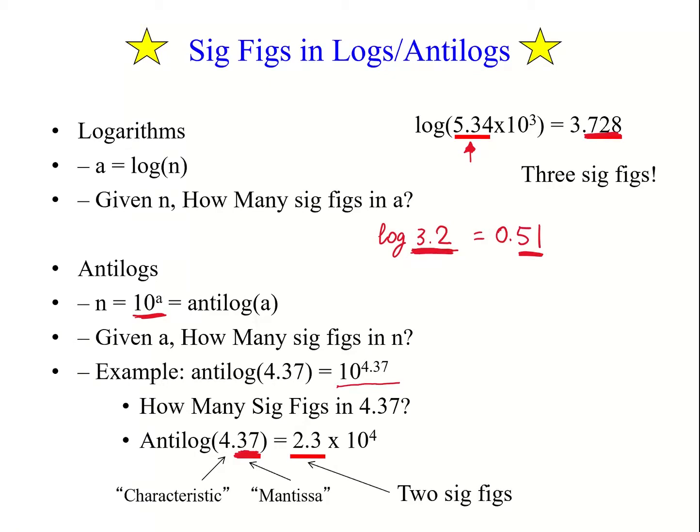When you're working with anti-logarithm and you use the 10 to the x function, look at the number of decimal places in the power. Your answer will have the same number of significant figures as the number of decimals, 2.3 times 10 to the 4th.